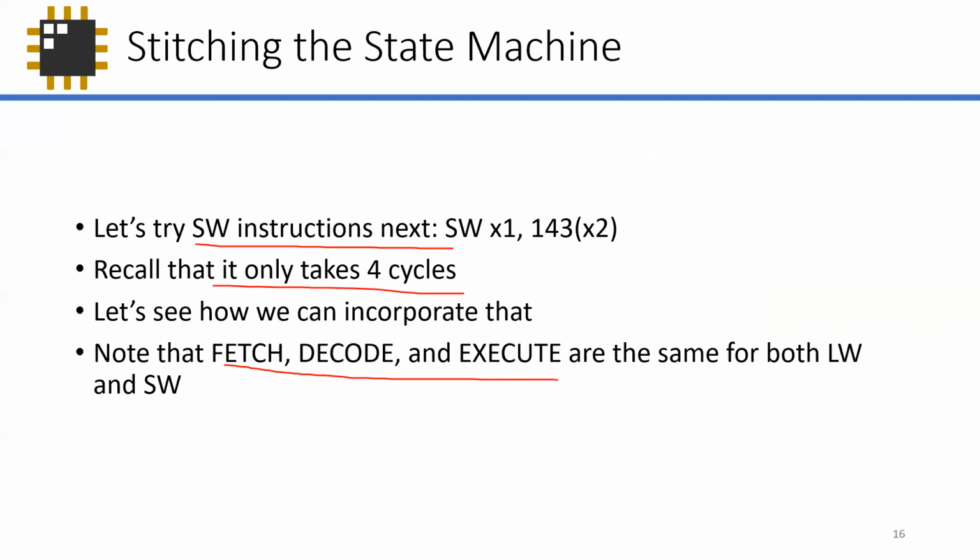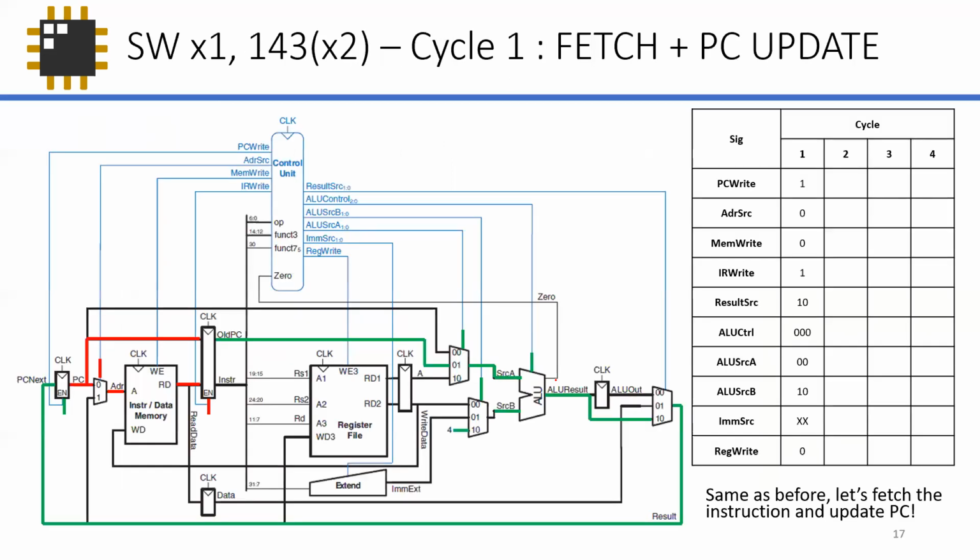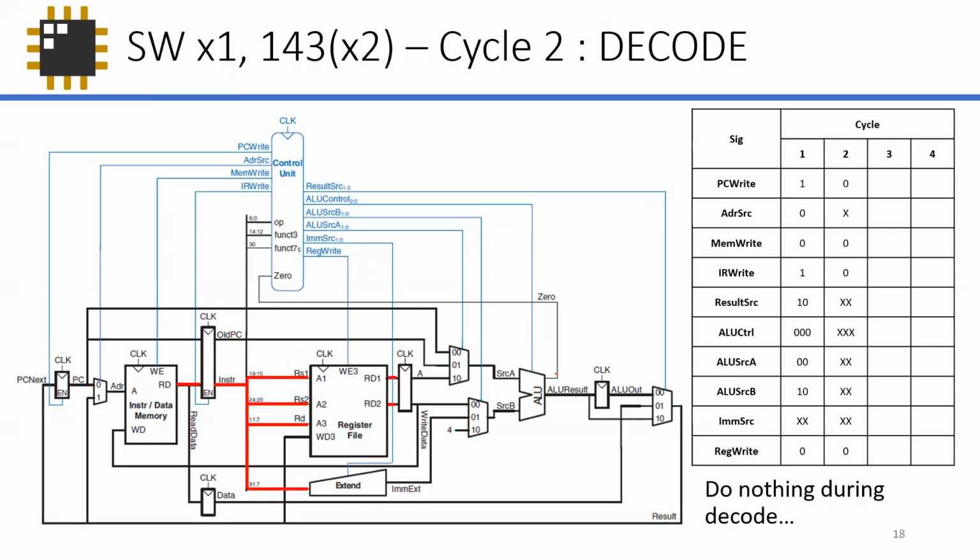But if you remember, the fetch stage is almost always the same for everything, right? So you can just reuse the same state from earlier. The decode stage, don't do anything, but I'd like to highlight that we're also grabbing RD, but it's part of the system already. You don't have any control signals to control the loading of the destination register, right?